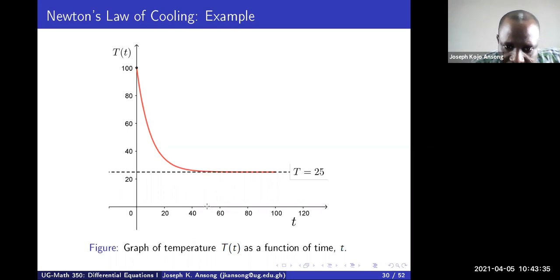So about, let's say, 15 minutes time. In about 15 minutes, the temperature of the drink will be about the room temperature. So you can use a graph to help you estimate the time it takes to reach the room temperature. But you can't use the model, the equation we have there, because of what I just said.